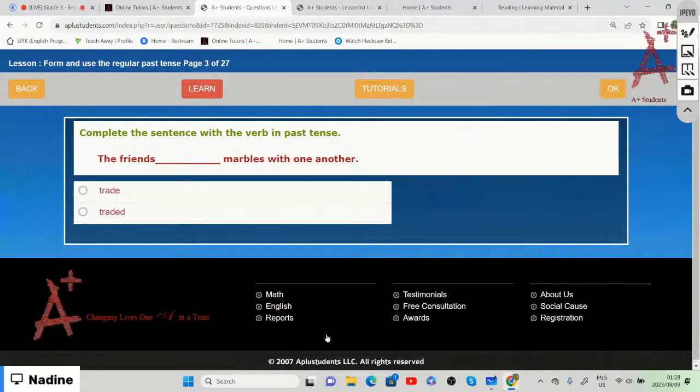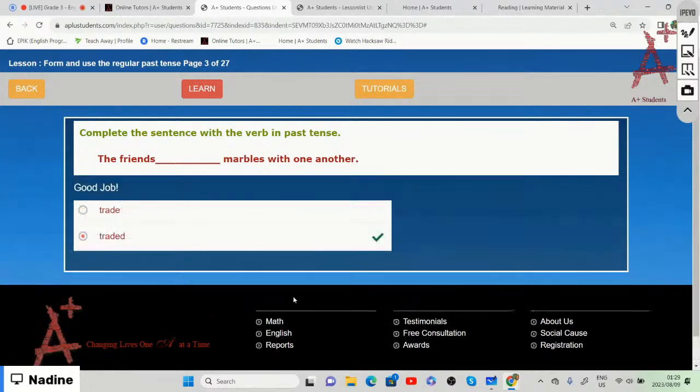So my friends, we can say traded marbles with one another, and traded ending in ed. Good.